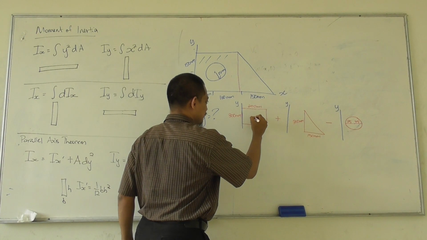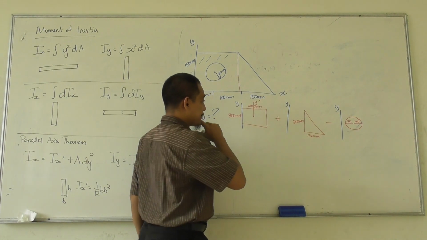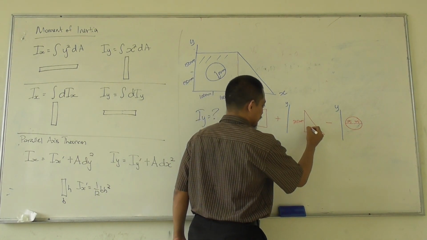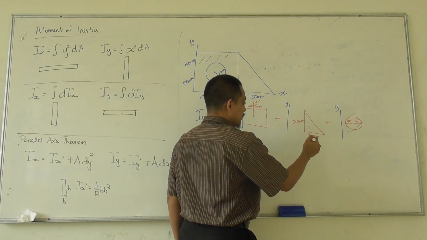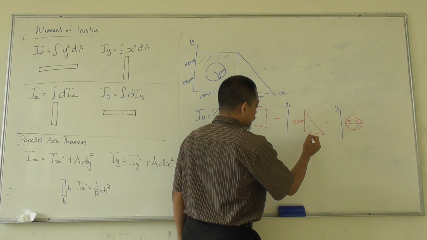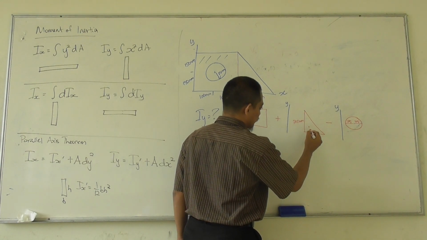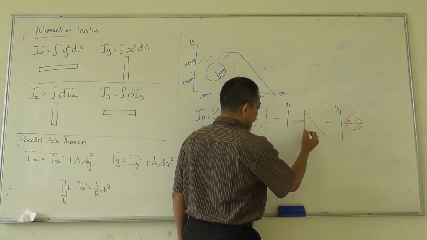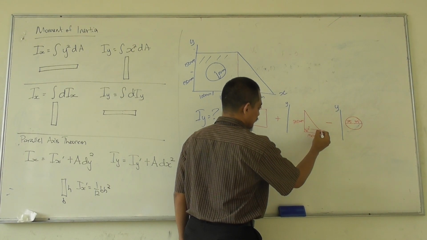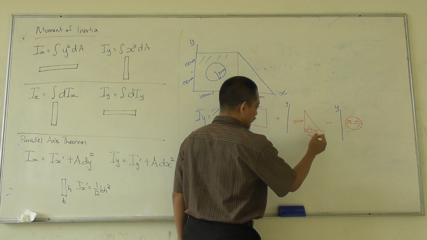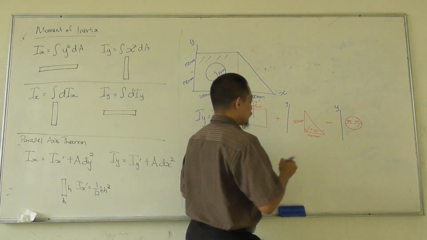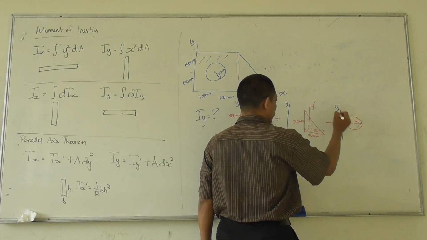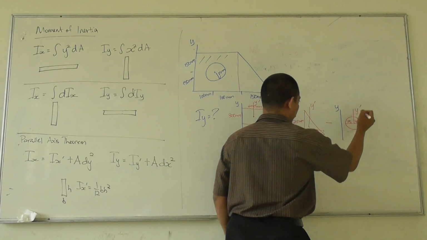In this case, this is the centroid, where it's the 1/3, 2/3 ratio, right? This is 1/3 and 2/3. So this is 50 millimeter, and this is 100 millimeter. And this is y prime, and this is y prime.